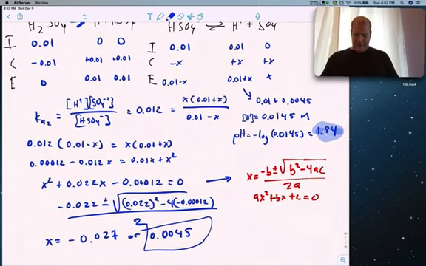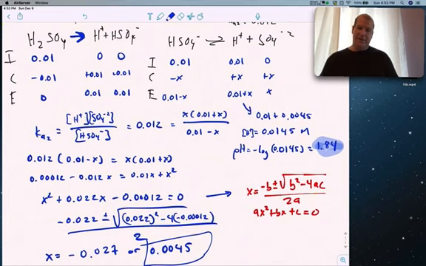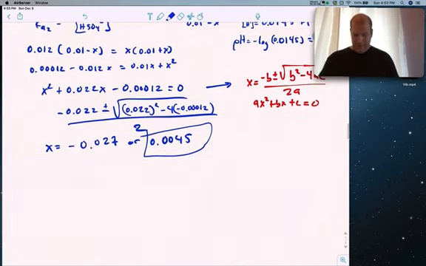So we got x equals negative 0.027 and 0.0045. So we plug the positive solution into the hydrogen ion concentration being 0.01 plus that x extent of reaction, and we get the hydrogen ion concentration to be 0.0145 molar, and take the pH of that, we get 1.84 for that. Whew. That was always tough.